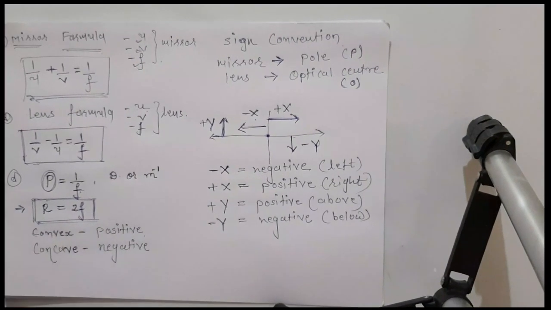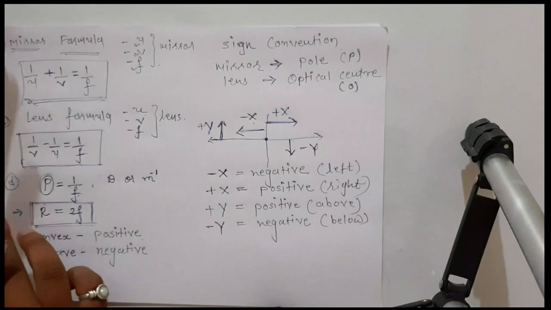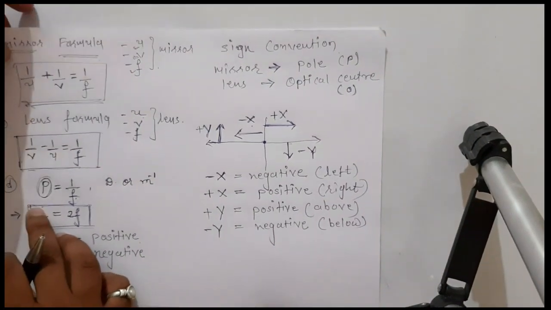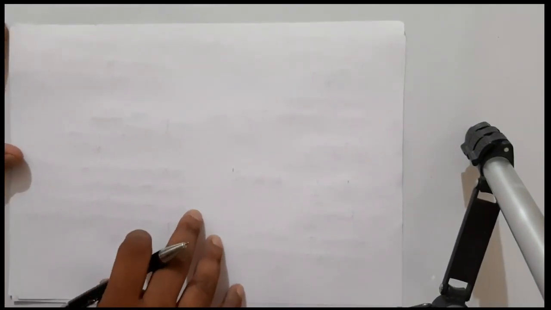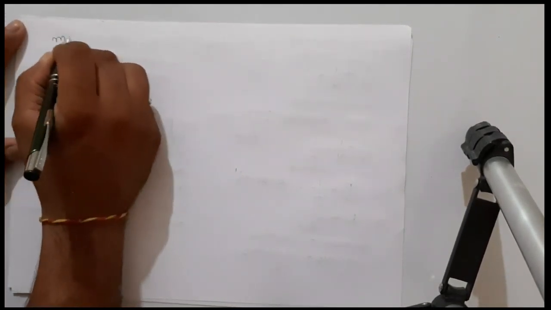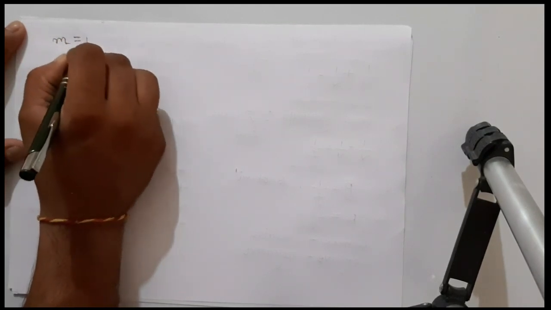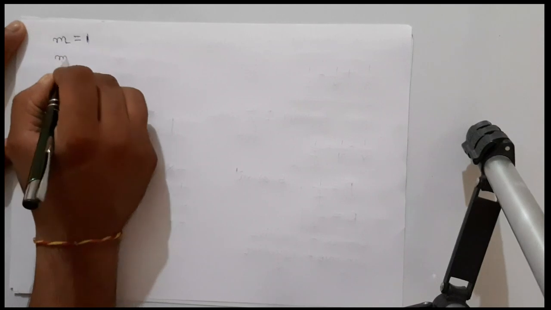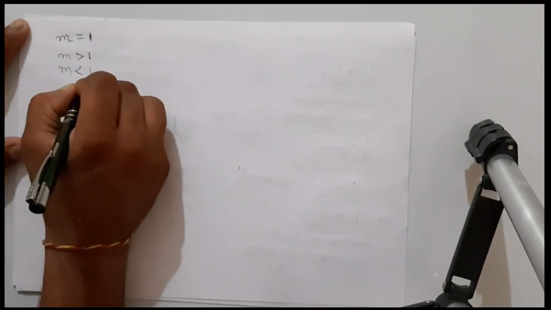In different types of sums, they can ask us how the image will be. For that, we must understand the magnification concept. According to that, there will be three conditions: first, m is equal to 1, m is greater than 1, and m is less than 1.